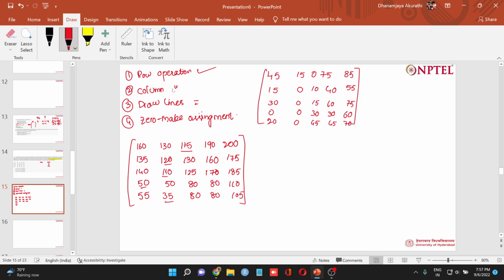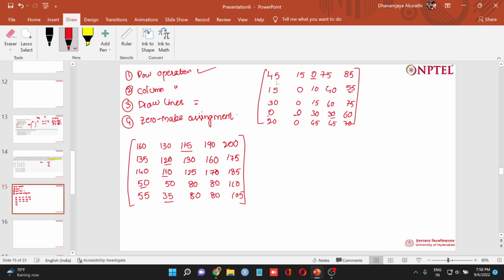Next thing is to find out the column operation. That is to find the minimum of each column, and then in a similar way subtract that from the remaining elements of that column. Here in this column you can see that 0 is the minimum, and in this column also 0 is the minimum, in this column also 0, here in this column 30 is the minimum, and in this column 55 is the minimum.